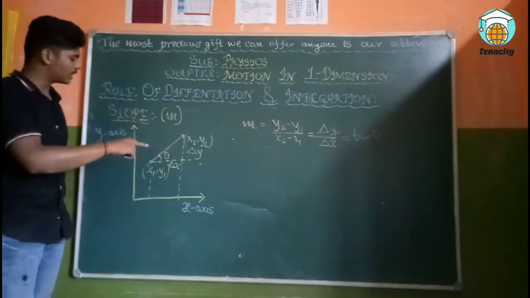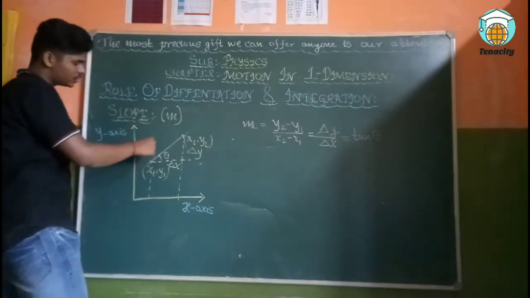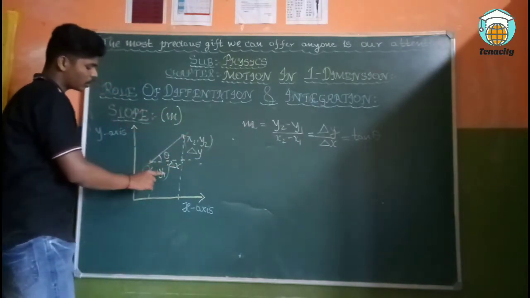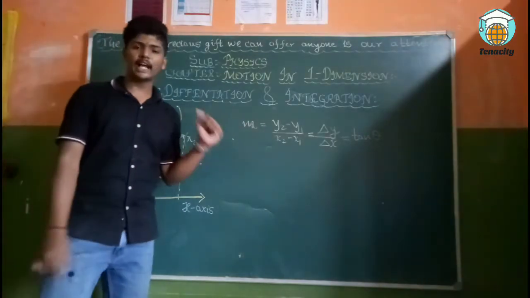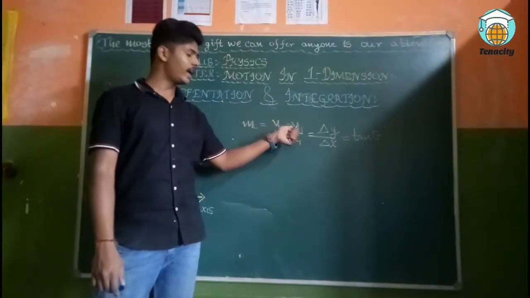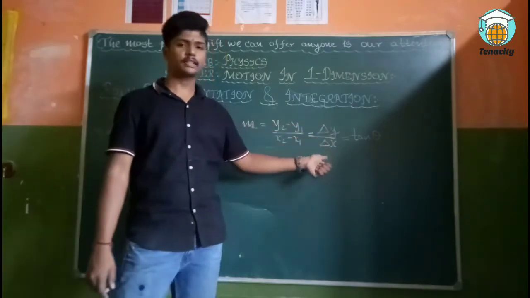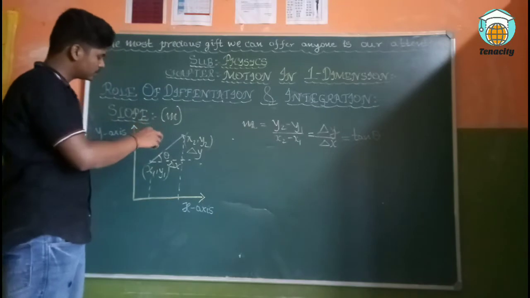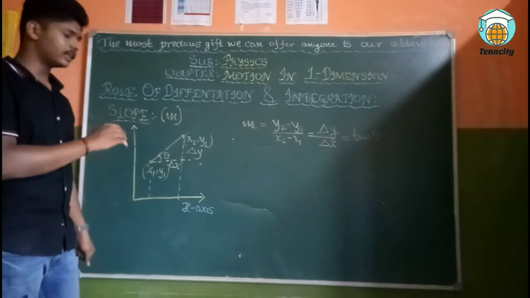You draw a graph, draw a line on this graph, and mark an initial and a final point, with the initial point as x1, y1 and the final point as x2, y2. The slope of a line joining two points is defined as the change in the y-coordinates by the change in the x-coordinates, that is delta y by delta x. Consider an angle theta made by the line with the x-axis. Generally we call it the inclination of that line.